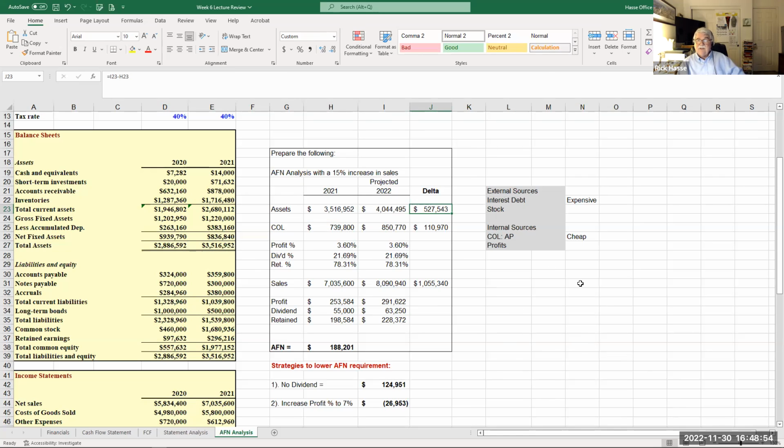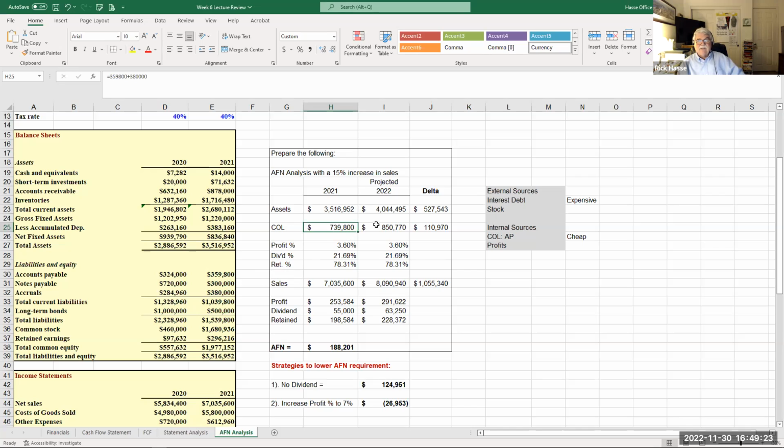Well, first of all, let's look at our internal sources. We have current operating liabilities in 2021, of which only accounts payable and accruals count. Notes payable is interest-bearing debt, so that is not considered an internal source because it carries a capital interest cost. So the total of accounts payable and accruals is $739,800.